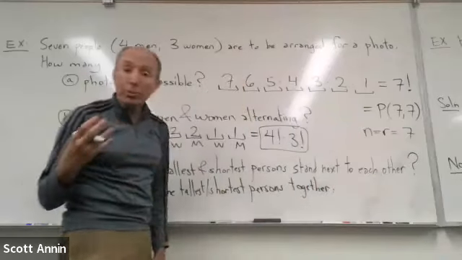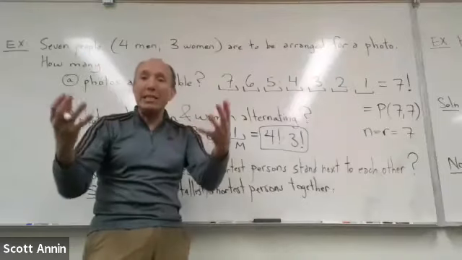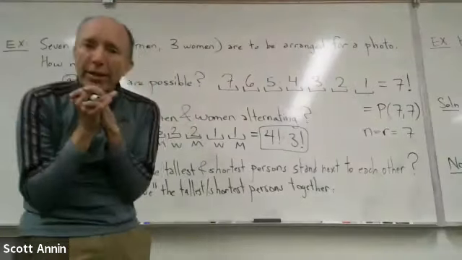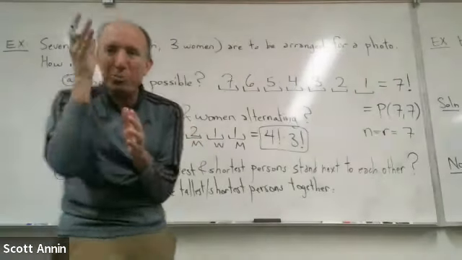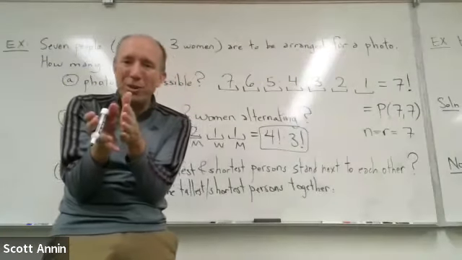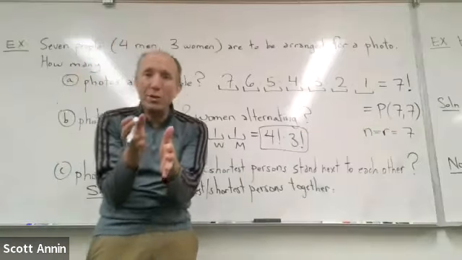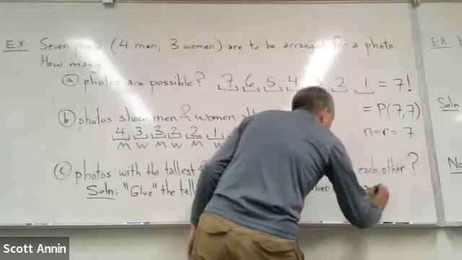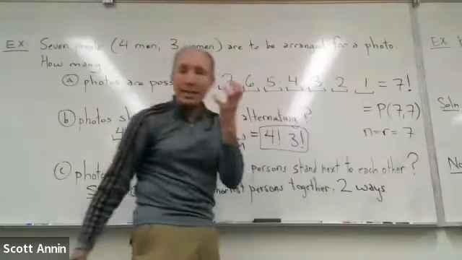And I'm going to use the multiplication principle to set about these tasks. When I glue the tallest and the shortest person together, I actually have two ways to do that, because the tallest person could be on the left and the shortest person on the right, or the tallest person on the right and the shortest person on the left. Right? So there's two ways to actually do that gluing process in the first place.